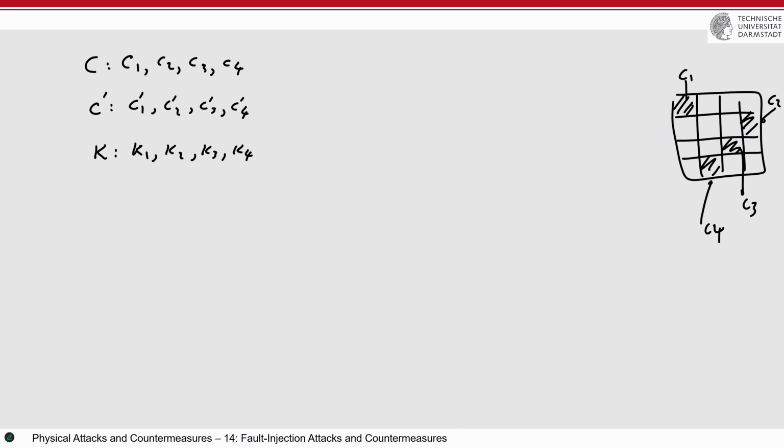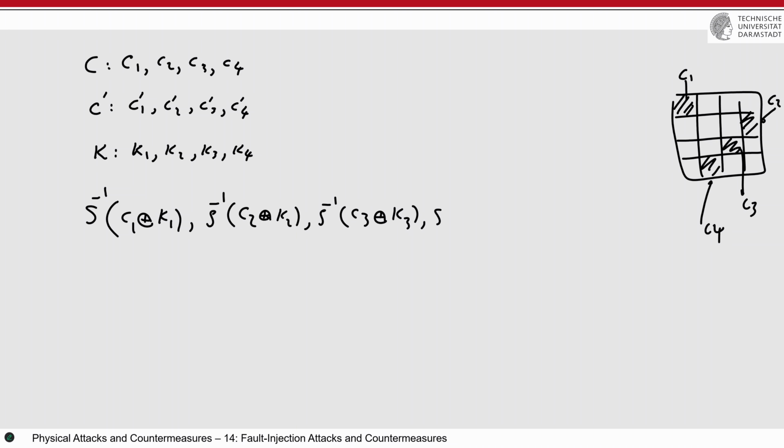And what you do, you say, okay, S-box inverse of C1 XOR K1, and S-box inverse of C2 XOR K2, and S-box inverse of C3 XOR K3, and S-box inverse of C4 XOR K4. Now you calculate the same for the C prime with the same key.